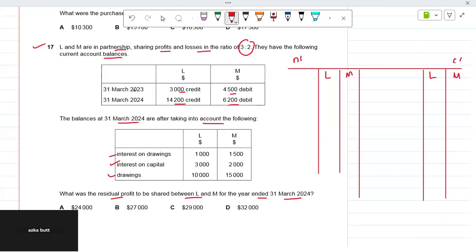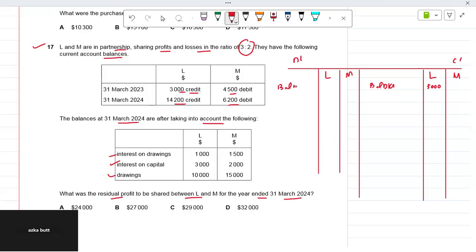Okay, so first of all, as you can see, we have the credit balance in the opening balance for L. So we will show this here. And we have a debit balance, which is 4,500 for M.